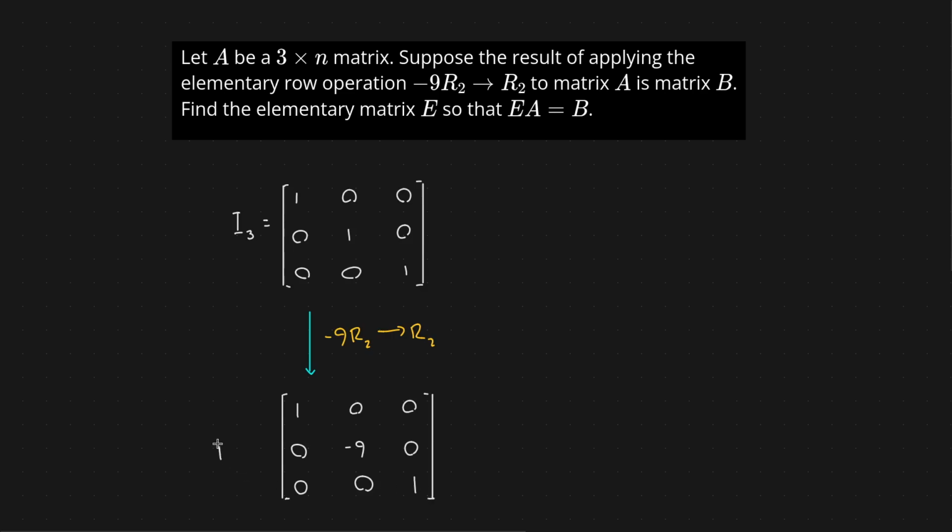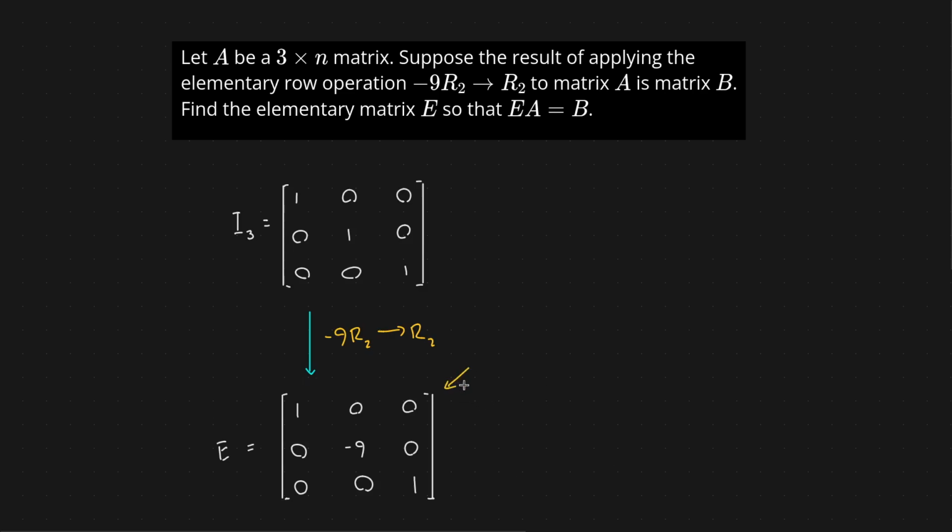This is my elementary matrix. It is what I get by applying the one elementary row operation that I'm interested in here to the identity matrix. When I apply one elementary row operation to the identity matrix, I get an elementary matrix.